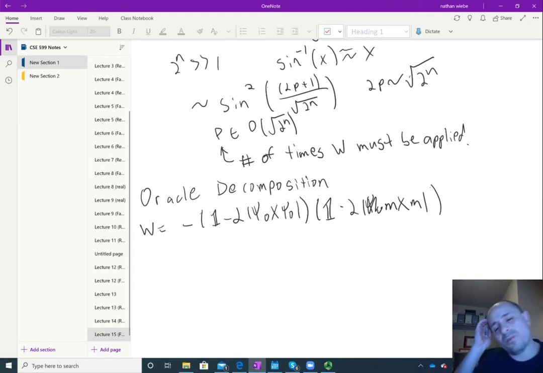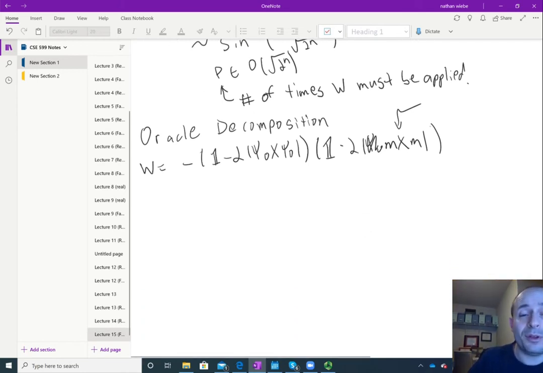And so you might ask, how do I carry out these things? Especially the second term, because it seems at first glance like you would have to know what the value of the marked state was in order to implement this reflection. But fortunately, we can use our function OF to do this.